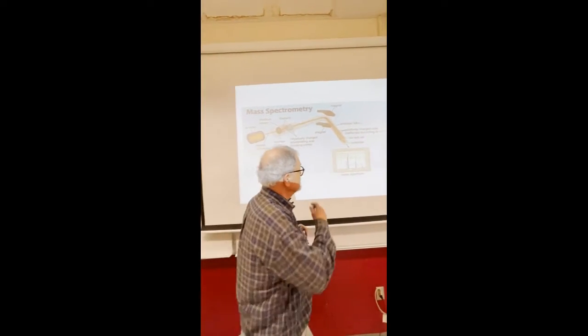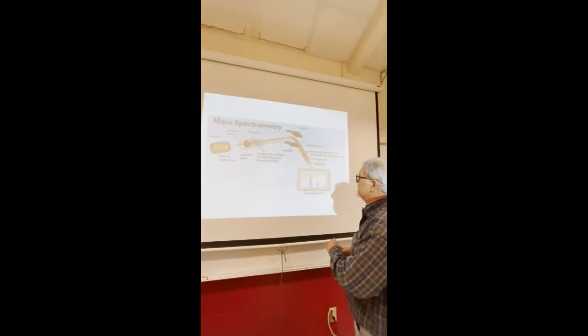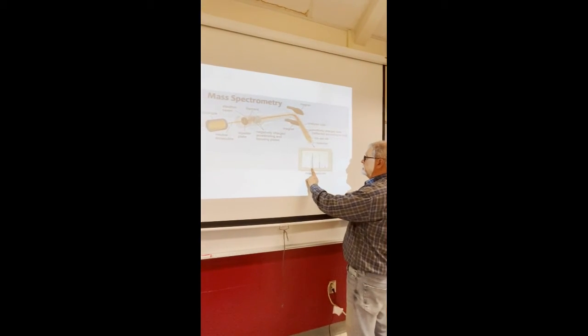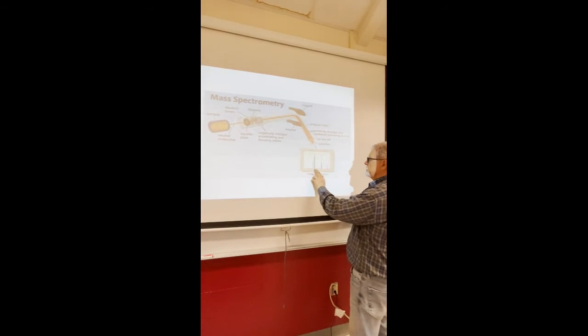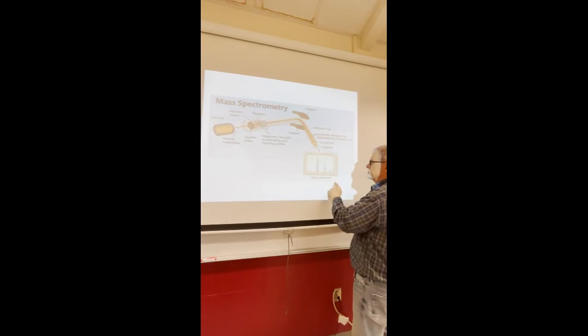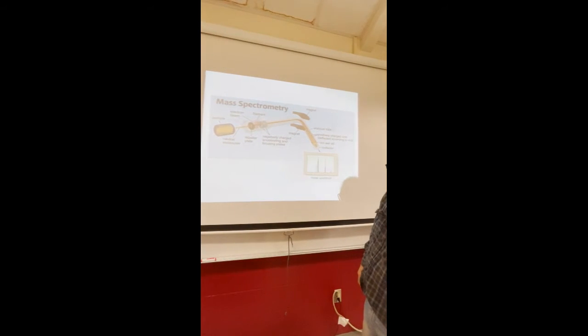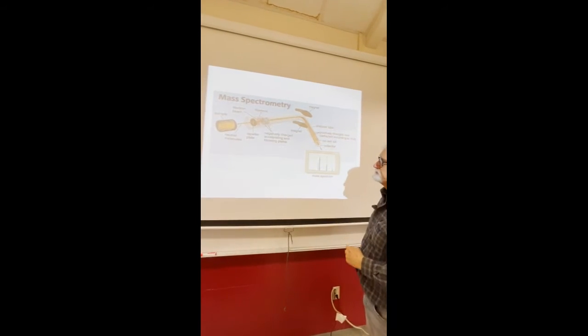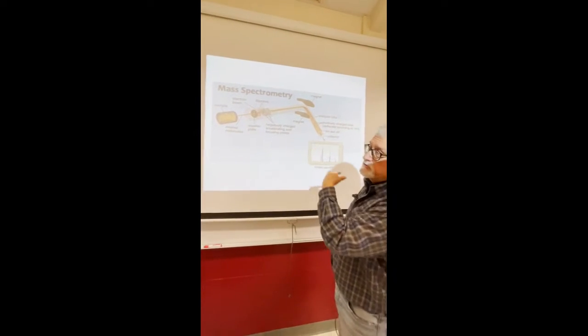Okay, so what you then have is a detector, and you'll get a spectrum that represents the amount of deflection. And from the deflection, usually the computer associated with the mass spectrometer does the calculation for you.